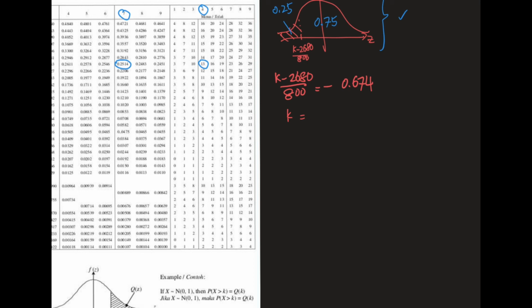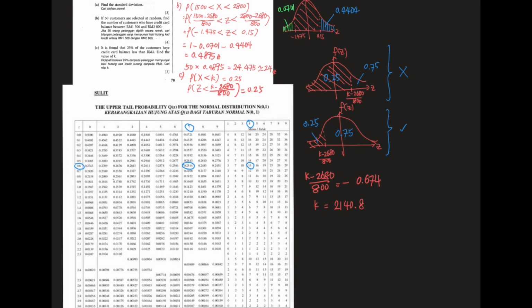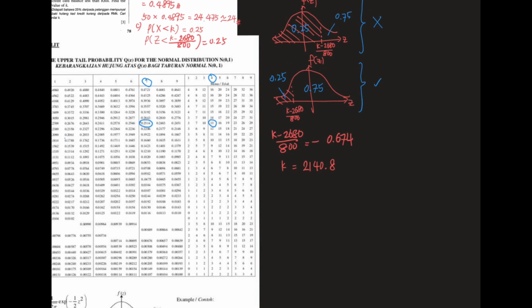So we form this equation, then we calculate: negative 0.674 times 800 plus 2680. So we get 2140.8.